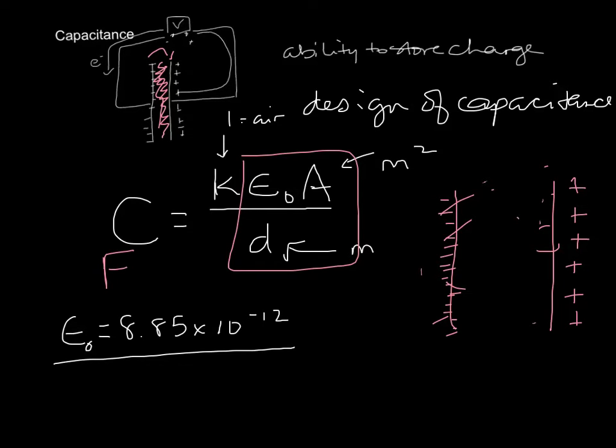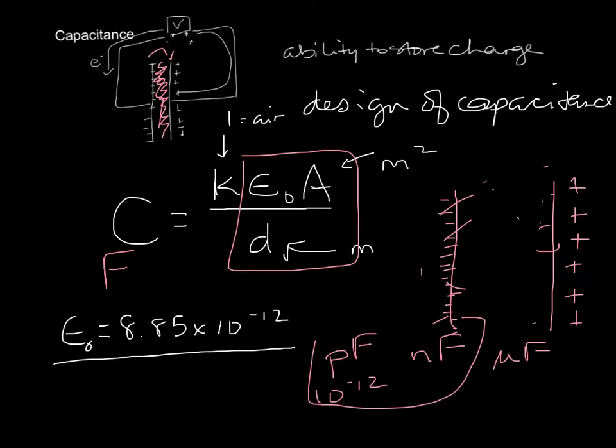Now, most of the time, these capacitances are on the order of picofarads, which is 10 to the minus 12 farads, or they are nanofarads. Every once in a while, they're microfarads, but a lot of times they're pico and nanofarads.